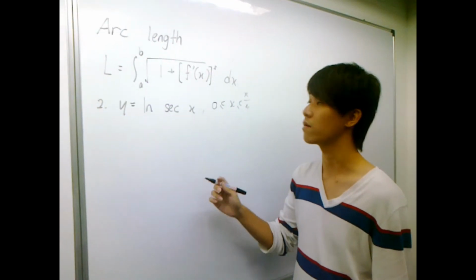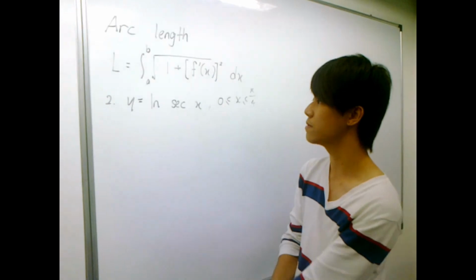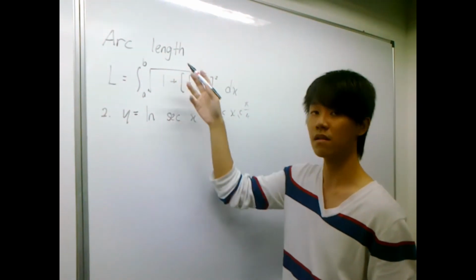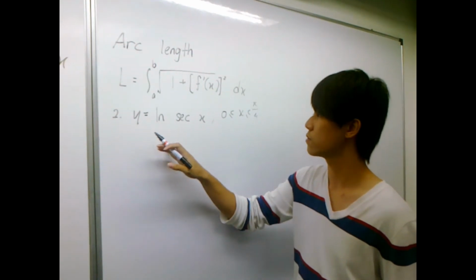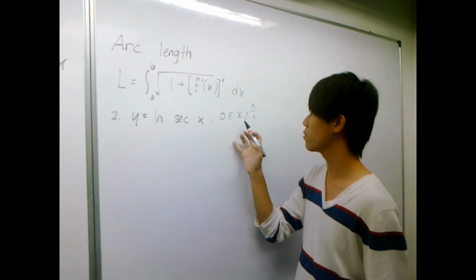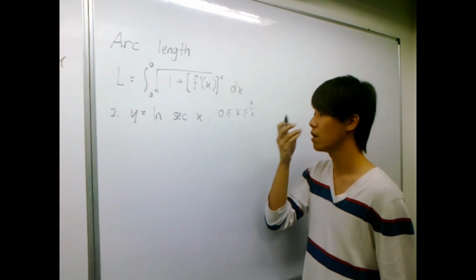Okay, so this is our second example on an arc length question. In this second question, we have to find the arc length for the curve y equals ln sec x from x equals 0 to pi/4.